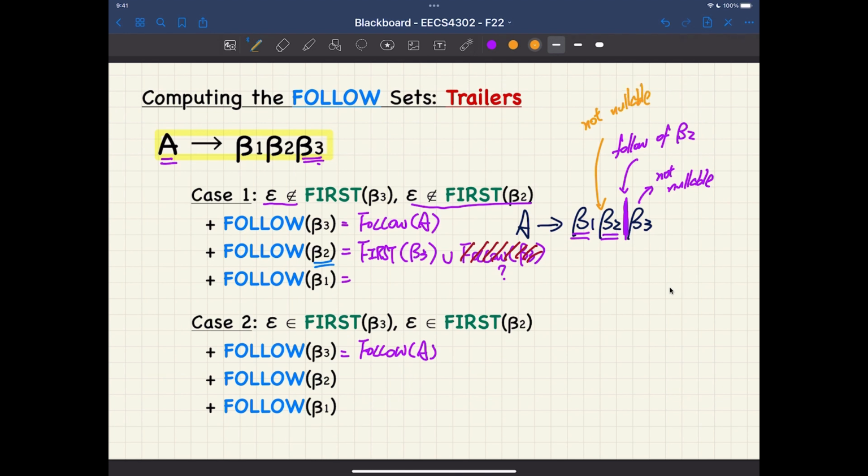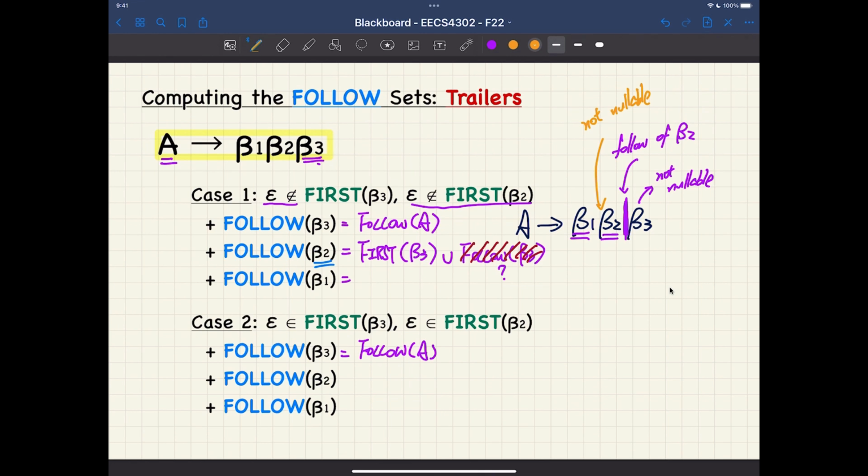Okay, can anybody try to see what should be the follow of beta 1? I agree. Should we include the follow of beta 2? No. Because it's not nullable. Absolutely. Okay? If you are getting a little bit closer to that kind of intuition, that's a good sign.